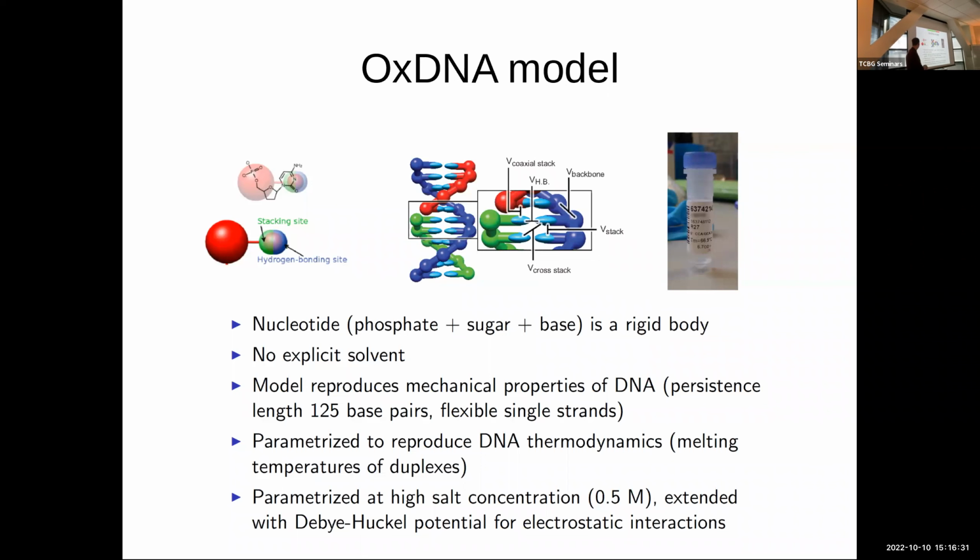So the model has a 125 base pair persistence length. If you don't know what persistence length is: you draw a normal vector to the midpoint of the base pairs and measure the correlations between subsequent vectors along the helix, and the correlation decays as exponential of minus distance over persistence length. DNA persistence length is somewhere around 130 or so, maybe up to 150.